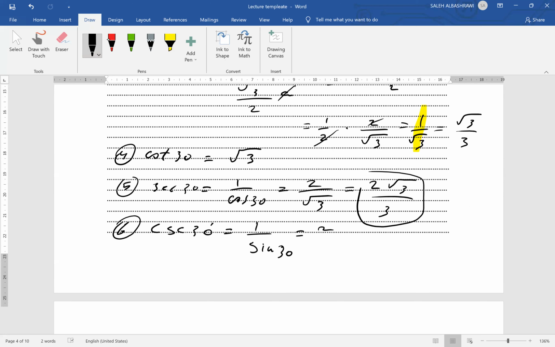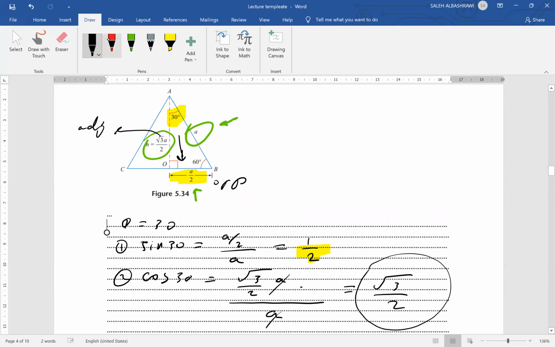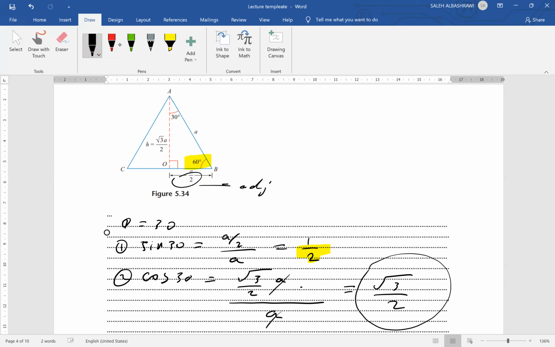For the 60, if we think about 60 now, now this is 60. So this now, it is not the opposite. A over 2 will be the adjacent for 60. And this one is the opposite.